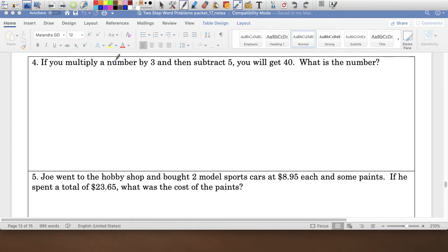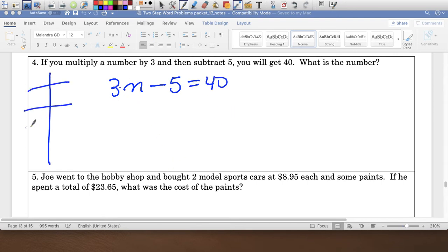If you multiply a number, do I know what number that is? By 3? Here's my number, I'm going to multiply by 3. Subtract 5, I will get 40. So that's your equation. My variable n is being multiplied by 3, minus 5 equals 40.